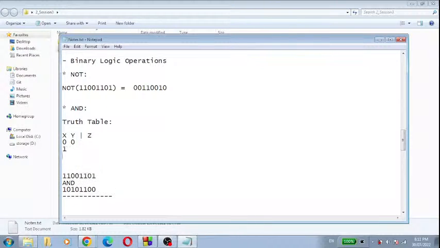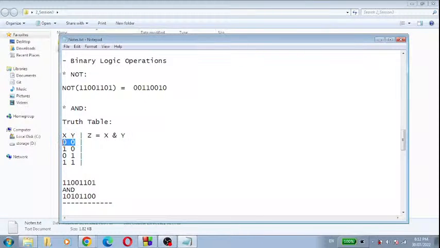0 and 1. Two zeros, two ones. This is called a truth table actually. Now we need to get Z, which is X ANDed with Y. It's very simple actually.